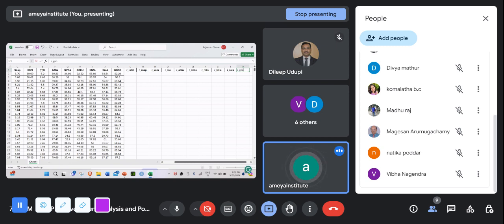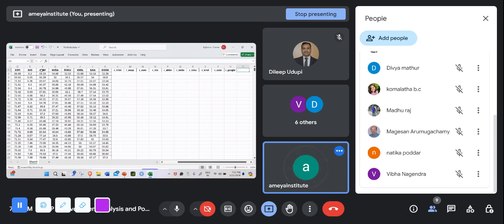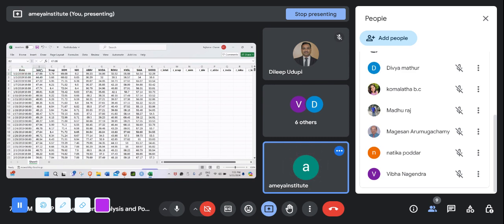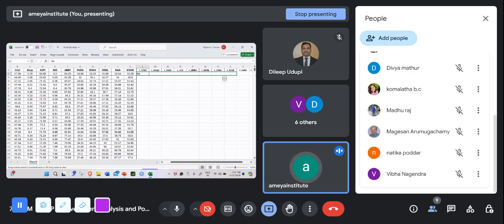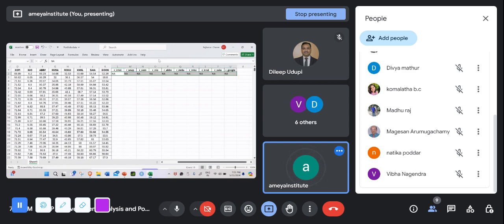R underscore Google. So is everyone ready? The first day's returns will be 0, so I'll write it as NA here. This will be the same for all the 10.